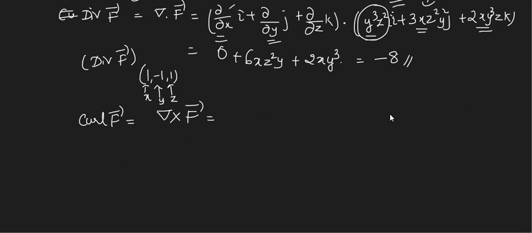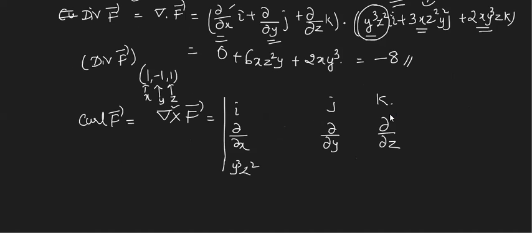Del cross f: the first row is i, j, k, the second row is for del coefficients, and the third row is for f coefficients: y cube z square, 3x z square y square, 2x y cube z. Expand it and tell me the value.